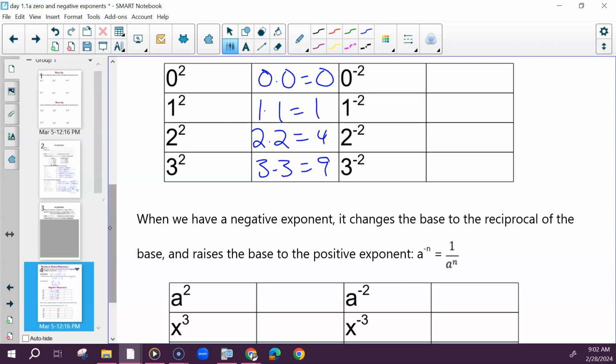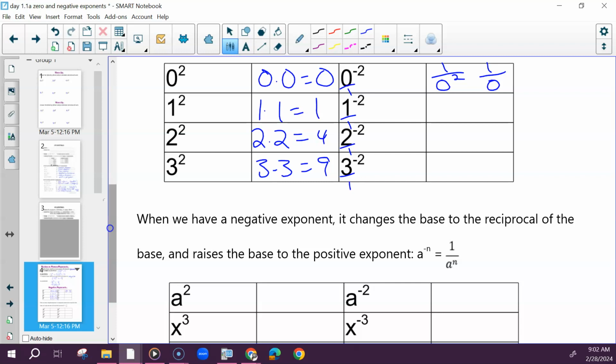It just happens. So in these examples, if I were to do this rule, these are all over 1. If I were to take 0 over 1 and flip it, I now have 1 over 0, and the exponent becomes positive. But this one's a special case because we know 0 squared is 0, and 1 over 0 would be not 0.